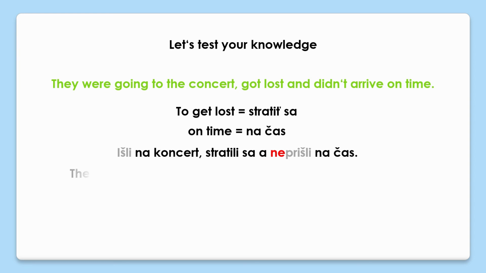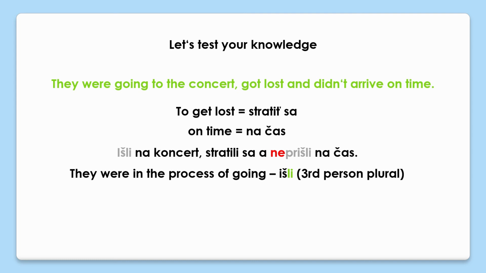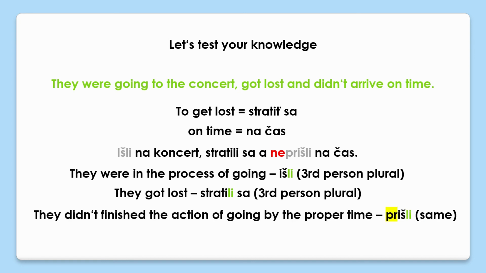See? Išli versus prišli in the third person plural. We need to conjugate they got lost as well. So stratili sa, again, the suffix li. But let's focus on išli and prišli. One is finished and one is just describing the process.